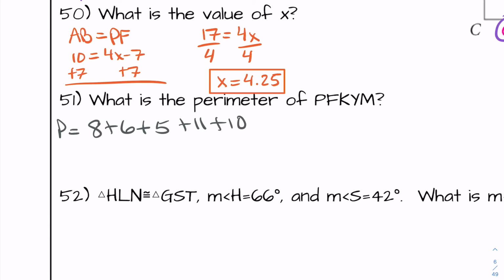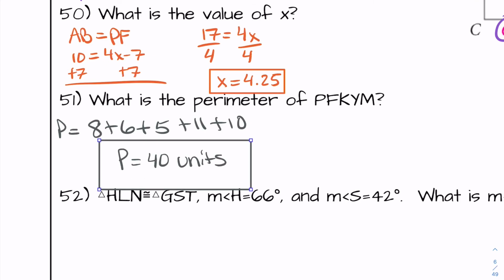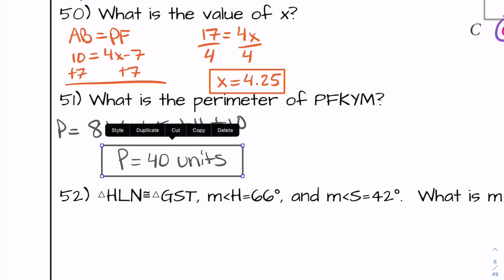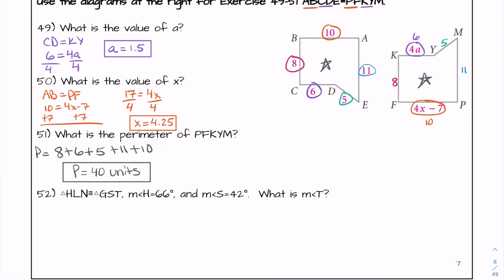Let me just double check my work. 8 plus 6 plus 5 plus 11 plus 10 is 40. So perimeter equals 40 units. And that's it for that one.